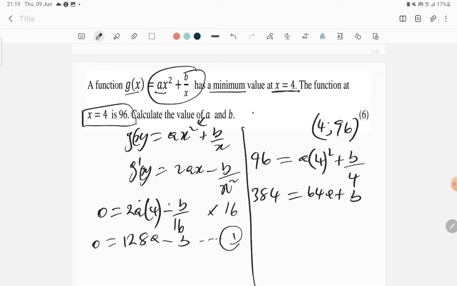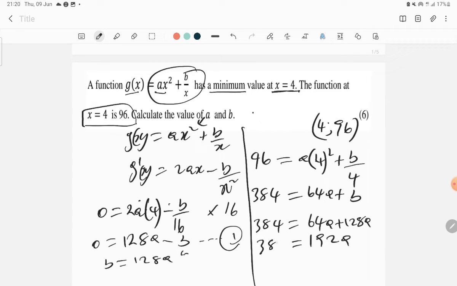Then on that note, we can say our b is equal to 128a. In the place of b we put 128a. So that gives us 64a plus 128a. Then 64 plus 128 is going to give us 192a. Then we have 384.